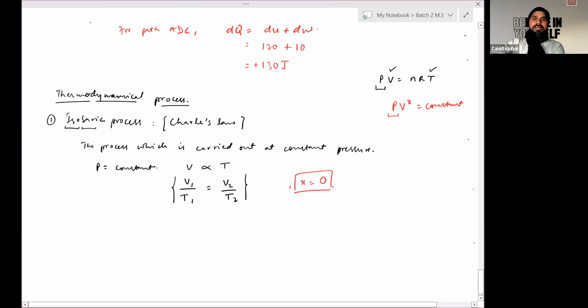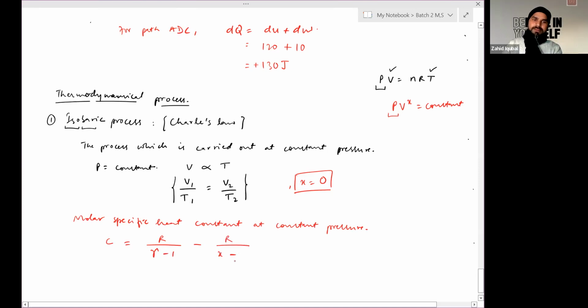Now, I had defined the introductory part. According to the value of X, we may find the molar specific heat at constant pressure. So C equals R by gamma minus 1 minus R by X minus 1. This is at constant pressure.